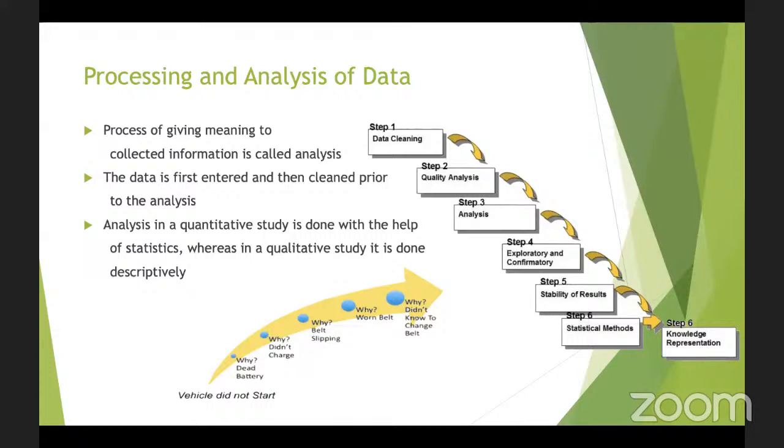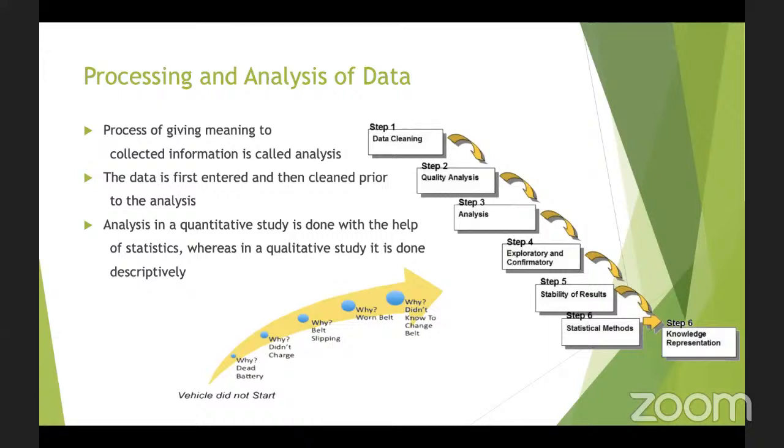So by processing, I mean here that the local language answers that you obtain from social research will be converted to, say for example, English, so that everyone can understand what interview was conducted and what were the answers that you got.